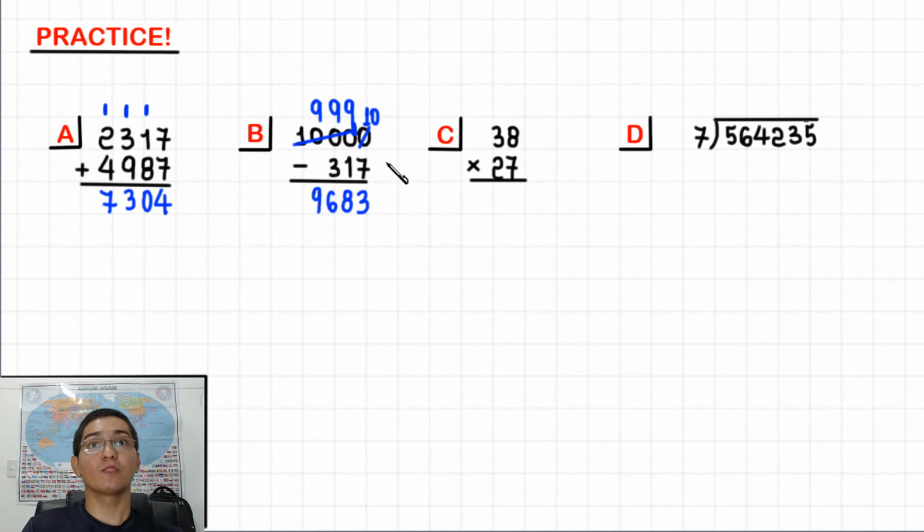What is the whole number that comes right before 10,000? You will say that whole number is 9,999. Am I right? The whole number that comes right before 10,000 is 9,999. And what's the whole number that comes right before 317?